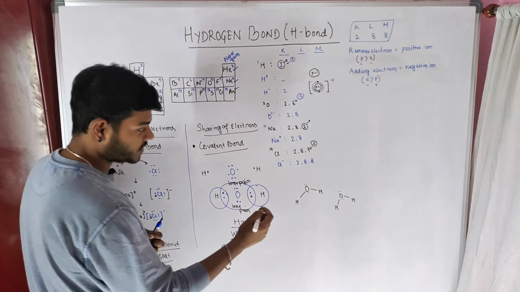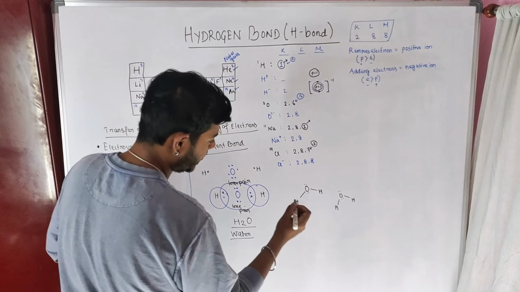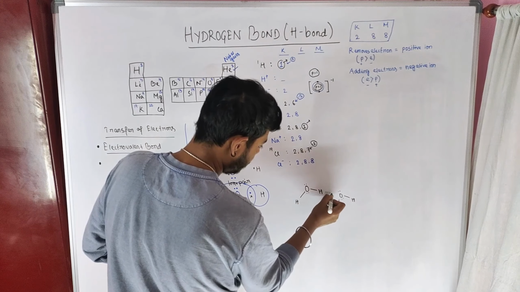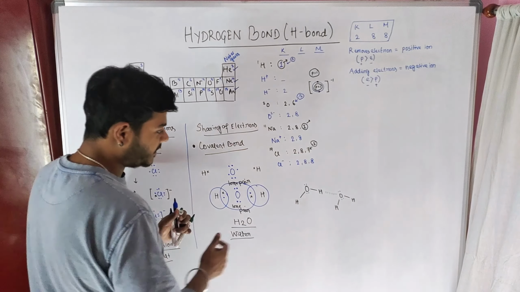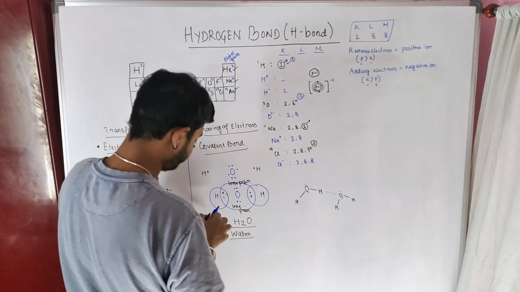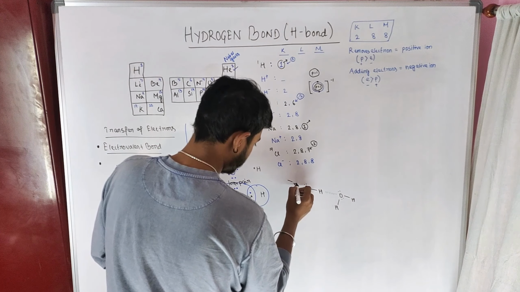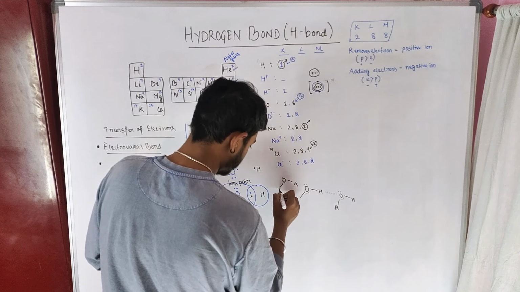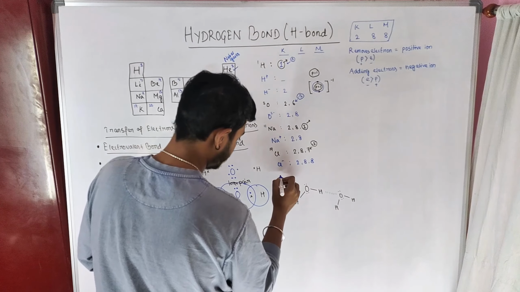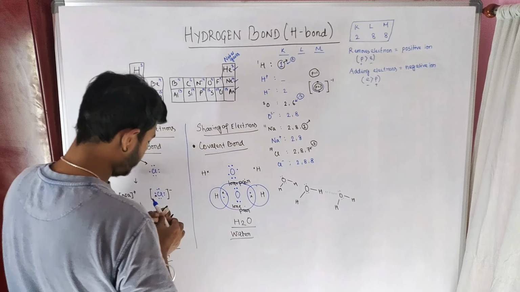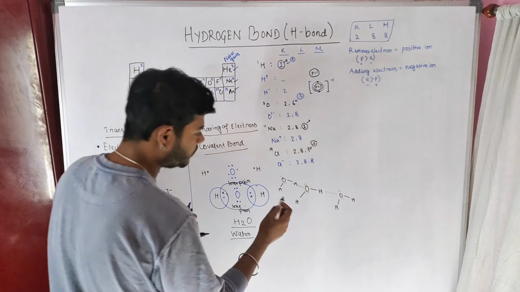They attract positive stuff. So oxygen will attract the hydrogen of the adjacent water molecule. Similarly, this oxygen will attract the hydrogen of its adjacent water molecule. And in this way, an additional secondary bond is formed.